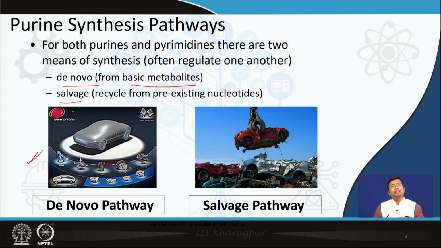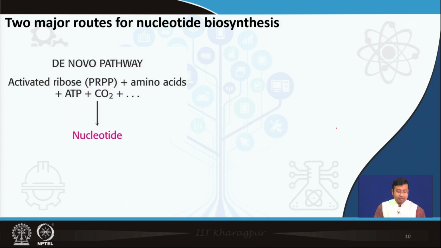So, if pre-existing nucleotides are present, they may be processed under the action of several enzymes so that the same purine is formed. It can be compared to a situation where multiple parts from a junkyard are assembled to form a functional car, right. Both will help you to drive.